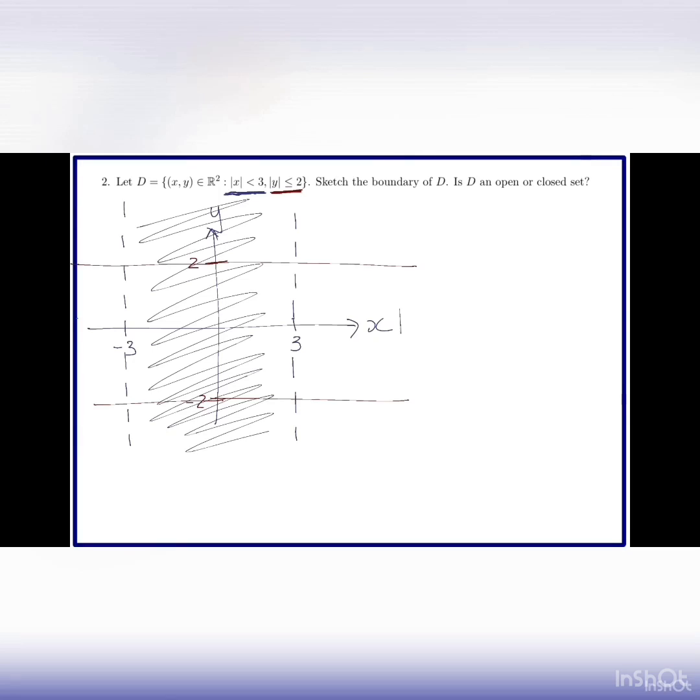And y lies here. Now the set D is where these 2 colors intersect. So if I use a highlighter, it's over here, on the inside here. Sorry, there. That is the set D.